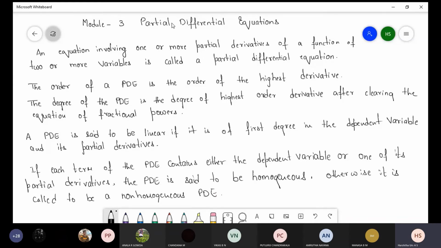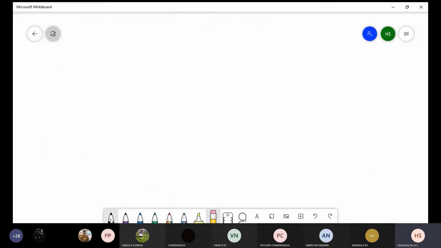So these are the definitions. Under these definitions, we see some of the examples. So let us move to the examples here. So you know the difference between the order and the degree.